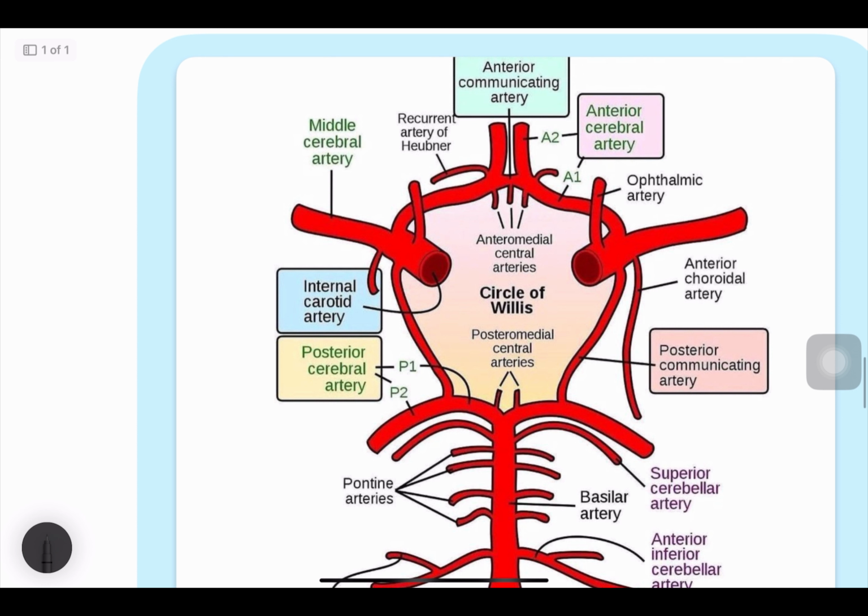So here we can see the circle of Willis formed by the anterior communicating artery and the posterior communicating arteries.